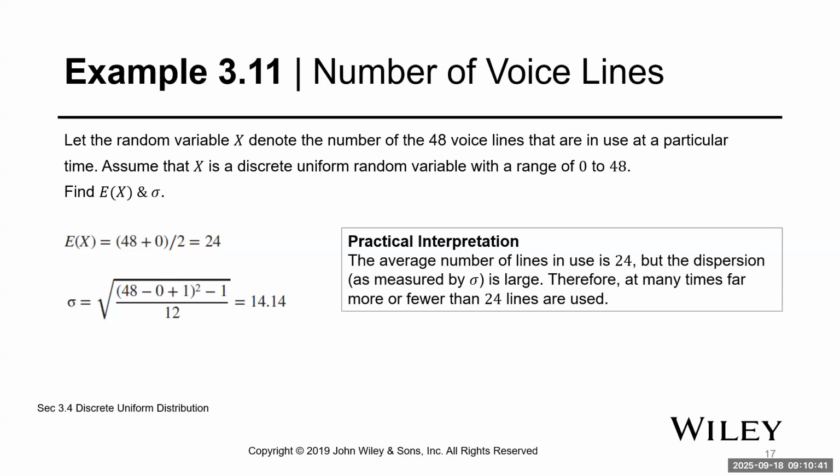And the average lines in use, the expected value, would be 24 of those 48 lines in use at any given time. But your standard deviation, for your spread, your dispersion, is 14.14.